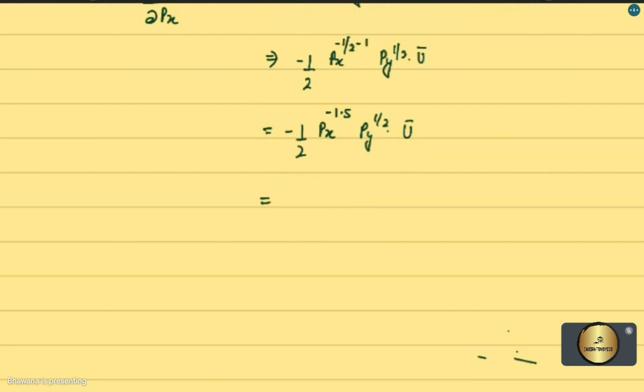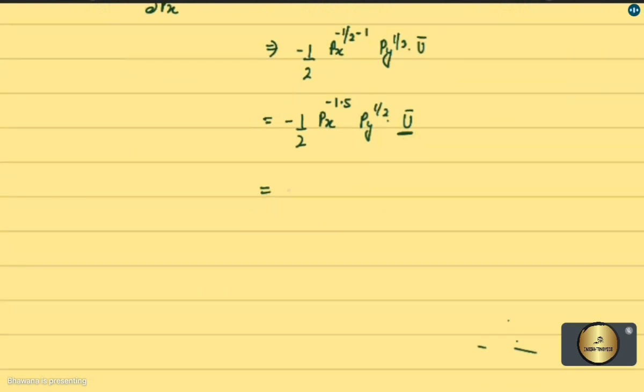Now we can replace this u bar with the given expression, minus 1.5. This is a negative sign, so we can write it in the denominator as well, like 1.5, and this is the expression that is given in our question for u bar.